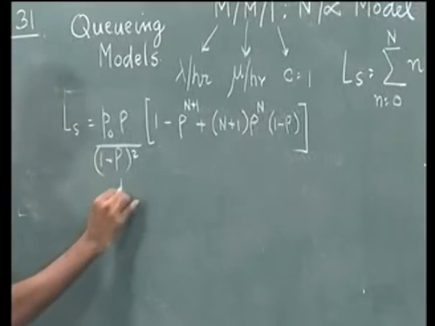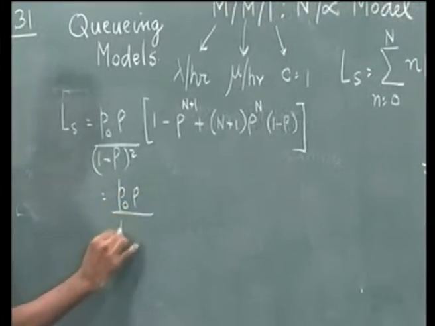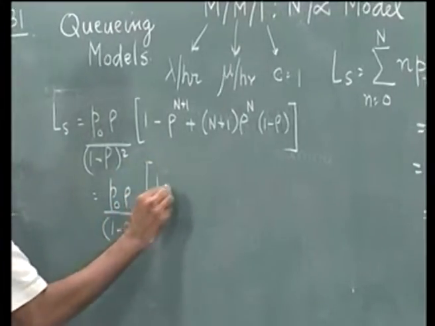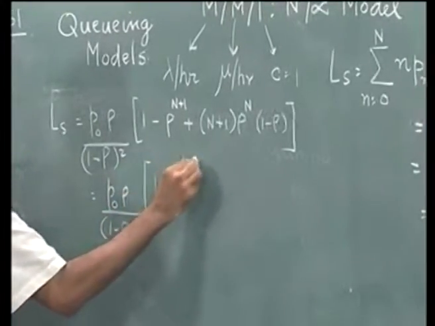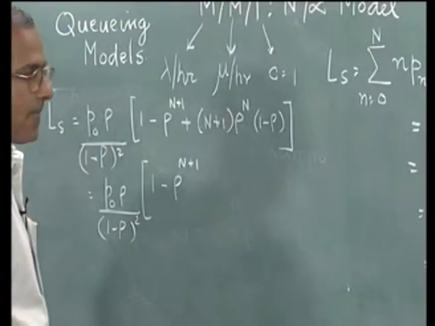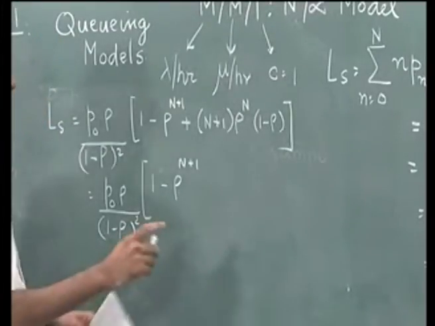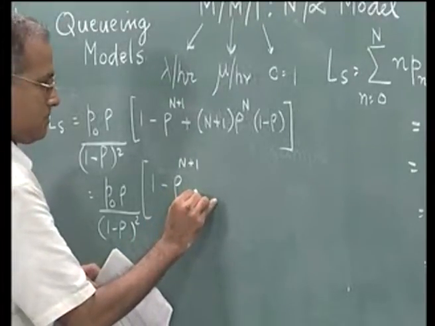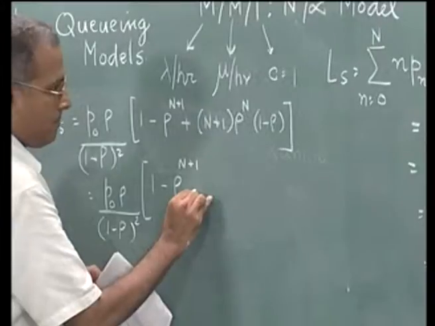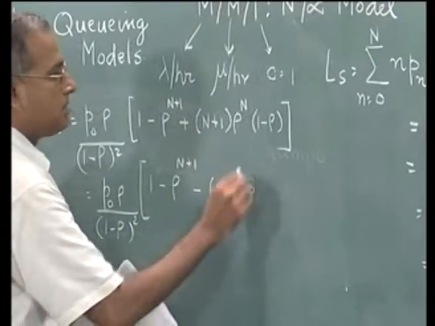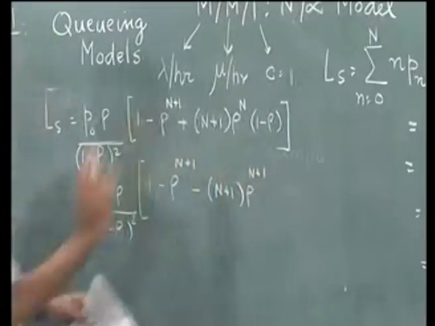This will become P naught rho by 1 minus rho square into 1 minus rho to the power n plus 1 minus n plus 1 rho to the power n plus 1.